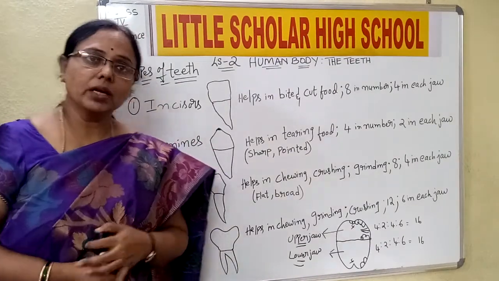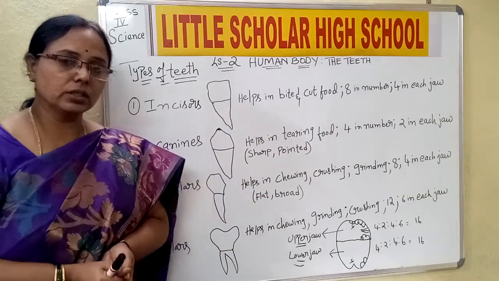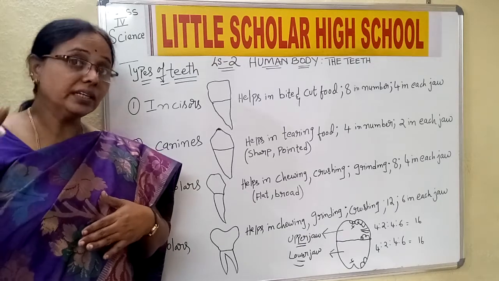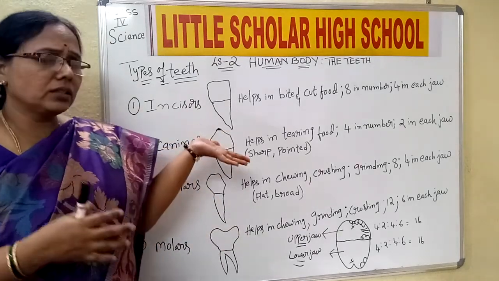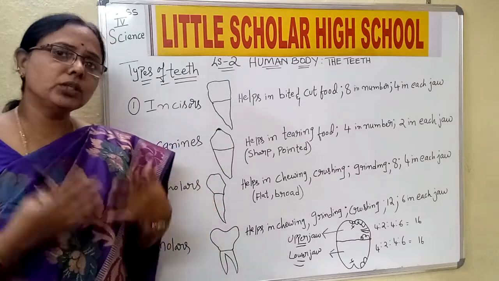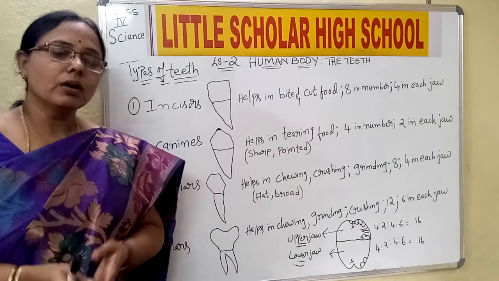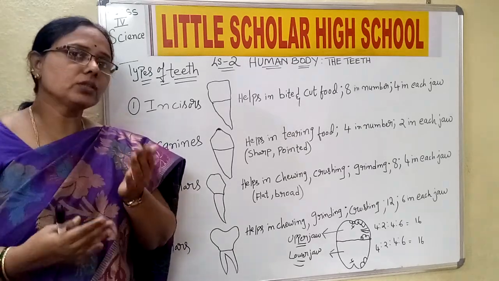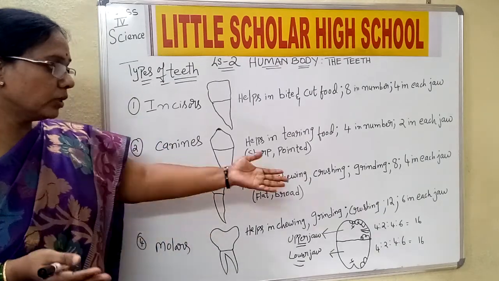In the exam they may ask, and this topic is not only for this class, children, that is 4th class, but as you go to higher classes, especially in 10th also, you have this. This is nothing related to 10th or 4th, but as a person having all these teeth, we should know what the different teeth are, what their structures are, what the function of the teeth is and what their number is.